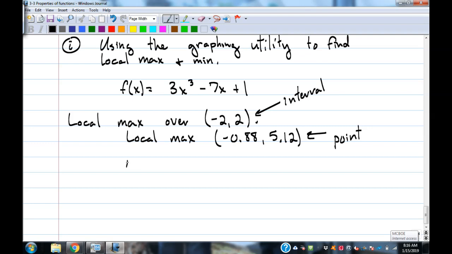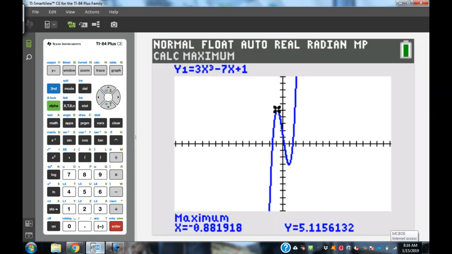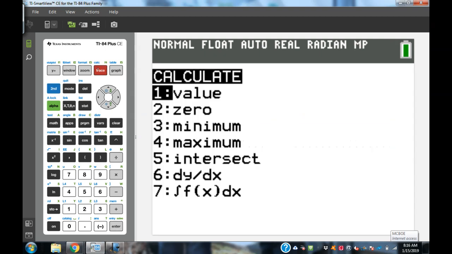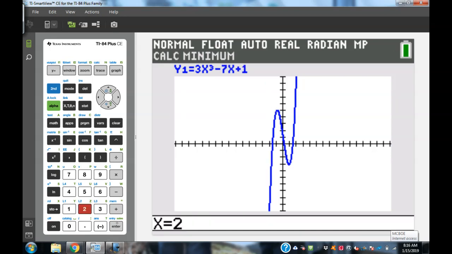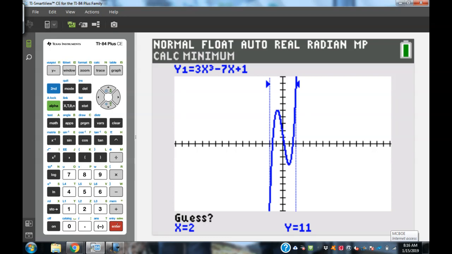So let's find a local minimum for that. How do we get back to that menu to find that? Second trace and option number 3 for minimum. And again, left bound is the lower side of your interval, so negative 2. The right bound is the upper side of your interval, so positive 2.